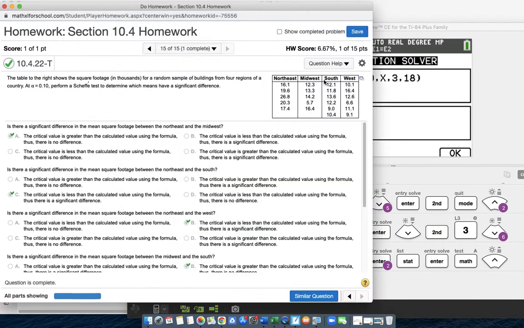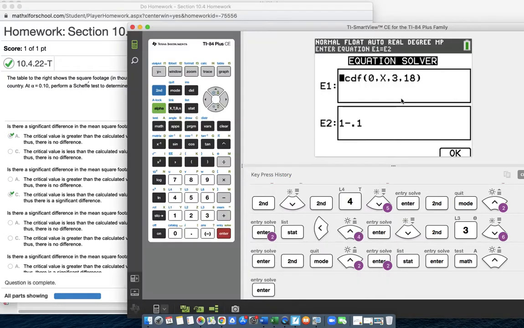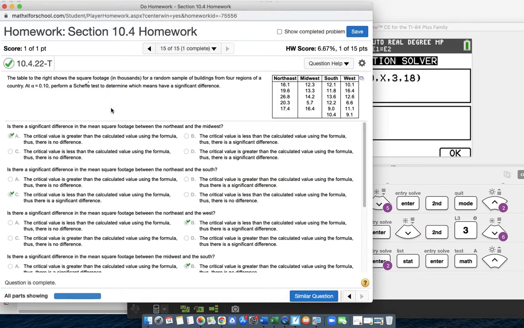That's why you get 3. We have 22 pieces of data, and that's our n value. So n minus k would be 18, because 22 minus 4 gives us 18, and that just comes right from the book.